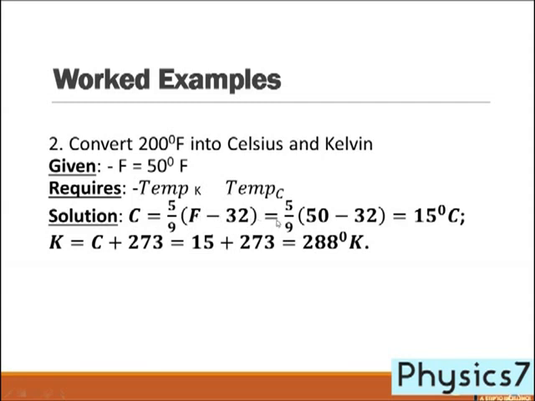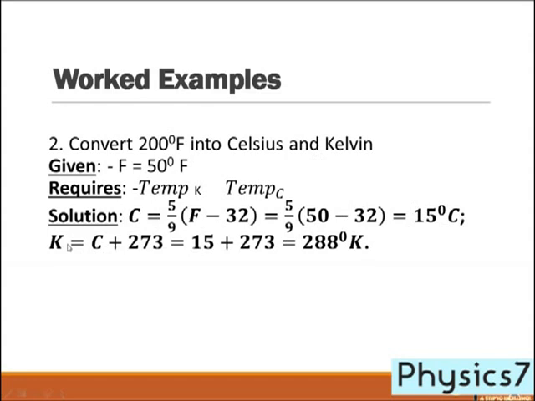And if we do that, we get that the temperature in degrees Celsius is equal to 5/9 multiplied by, in bracket, 50 minus 32, close bracket. That will give us a value for the temperature in degrees Celsius as being equal to 15 degrees.